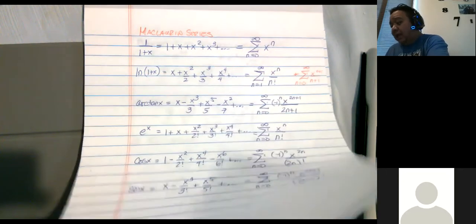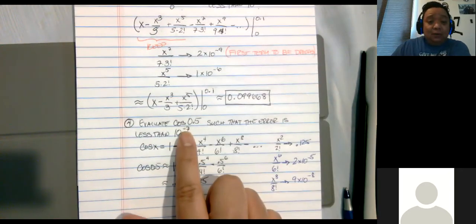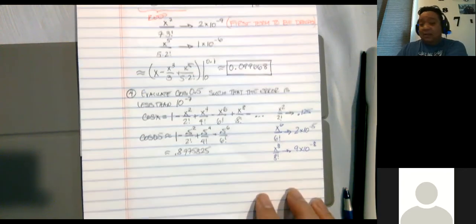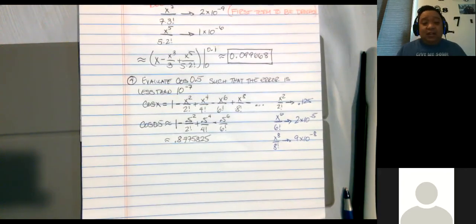Another way to word this problem. Over here, I asked you to find cosine of 0.5. Here's a similar problem, but worded differently, something like this.